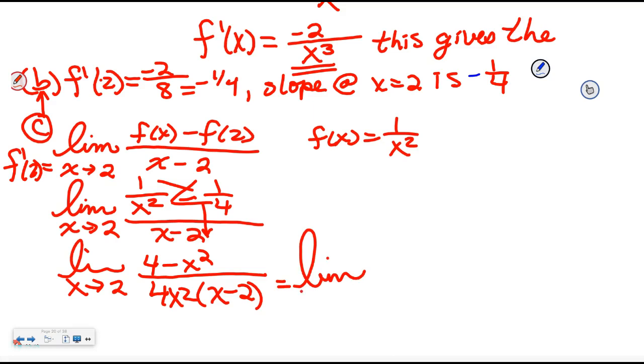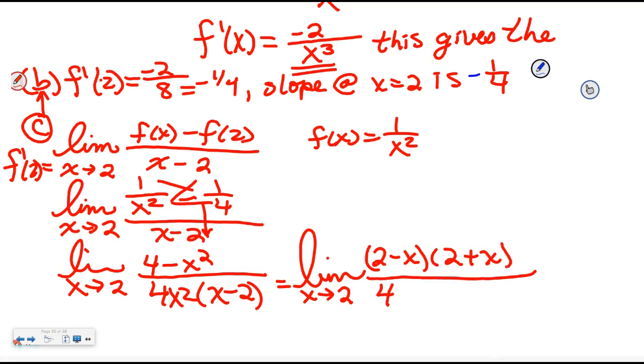So I've got my limit as x approaches 2 of 2 minus x times 2 plus x, all over 4x squared times x minus 2. Now I cancel. 2 minus x and x minus 2 are opposites. They cancel to give me a negative 1.